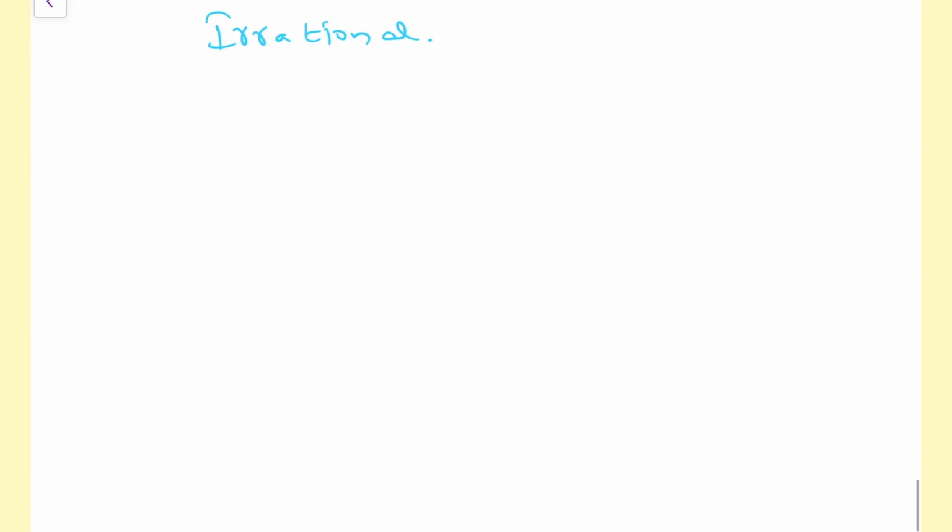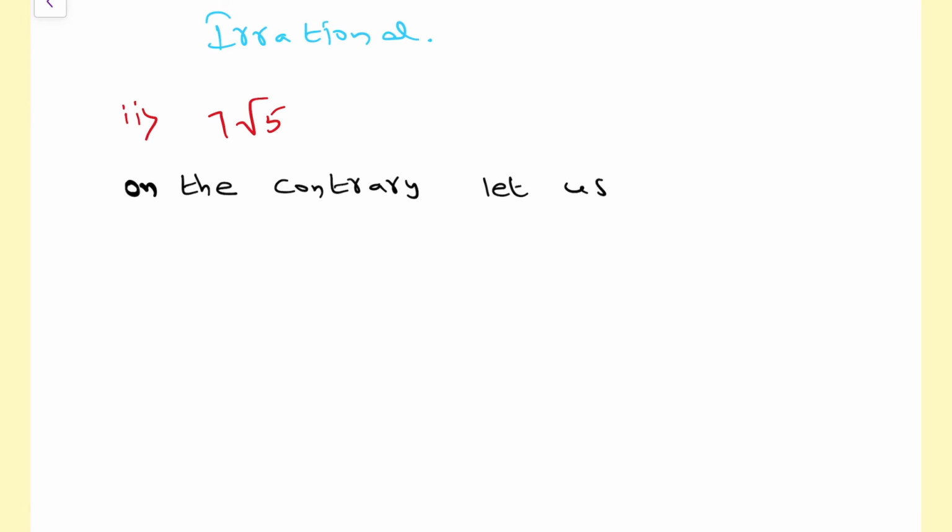Next, the second question: 7 into root 5, or simply 7 root 5. First statement as usual, on the contrary, let us assume 7 root 5 is rational.